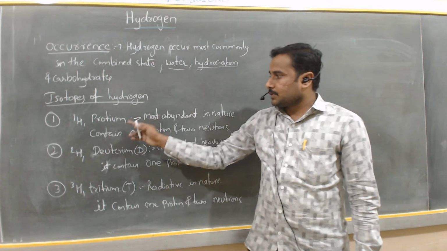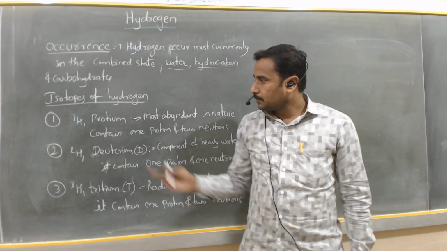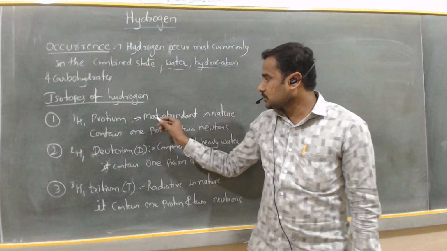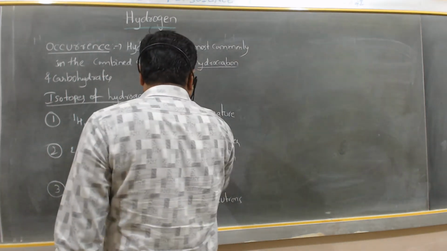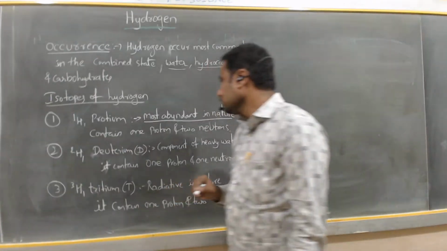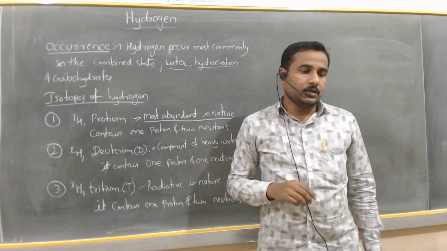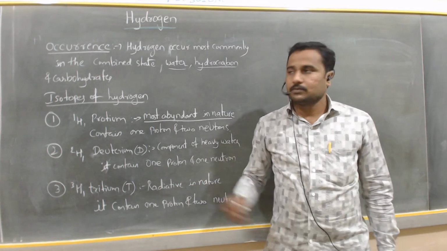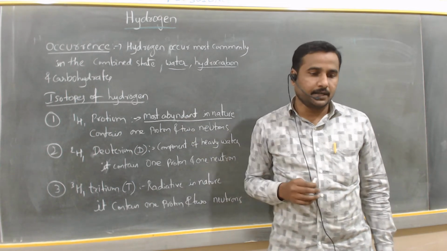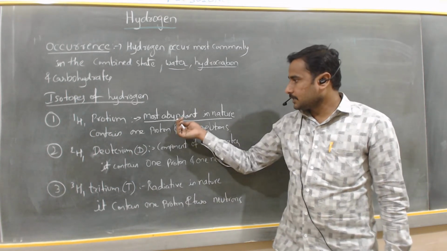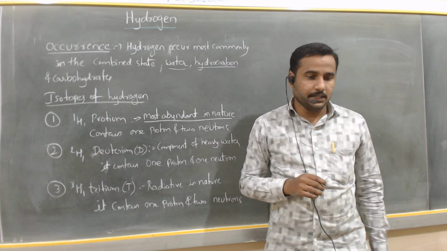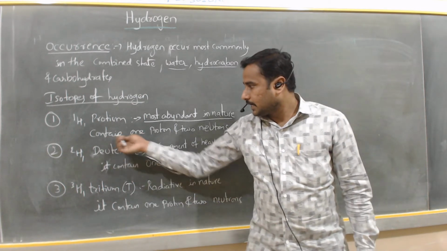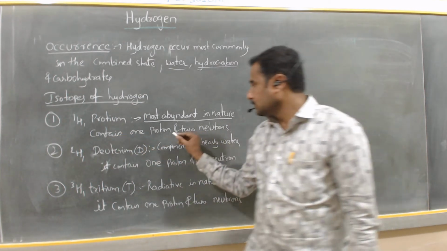The first one is protium. Protium is most abundant in nature. What does that mean, sir? It is present in large quantity compared to the other two. Next, it contains one proton and no neutrons.